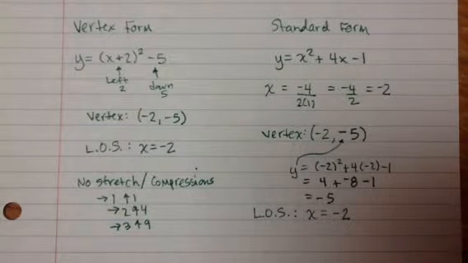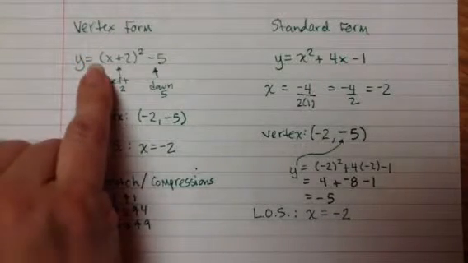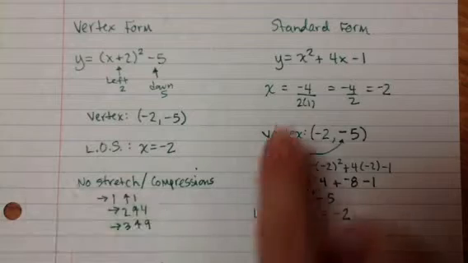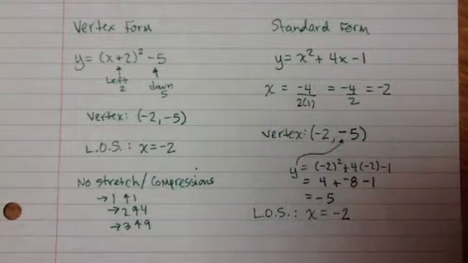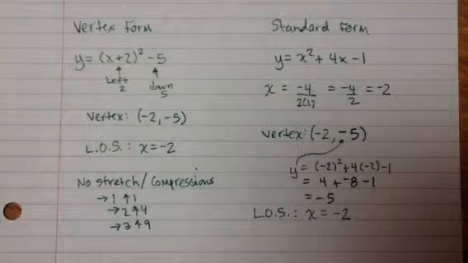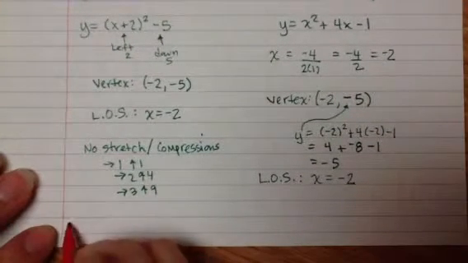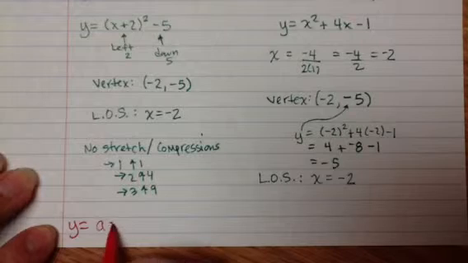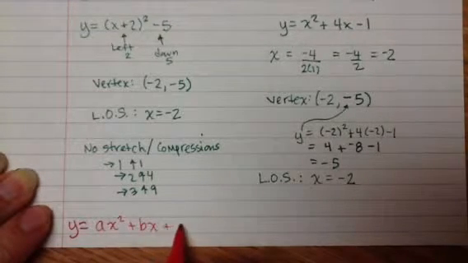In the next section we're going to be looking at what part of this equation would tell us if we have any stretches or compressions. And the place that we look for that is the same place that we had a for our vertex form. Remember, in vertex form, a was the coefficient out in front. Well, in standard form, a is the coefficient in front of the x squared. So we might want to make a note of that. In standard form, we have y equals ax squared plus bx plus c.